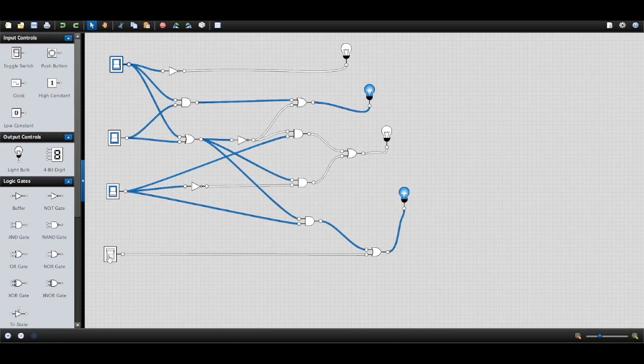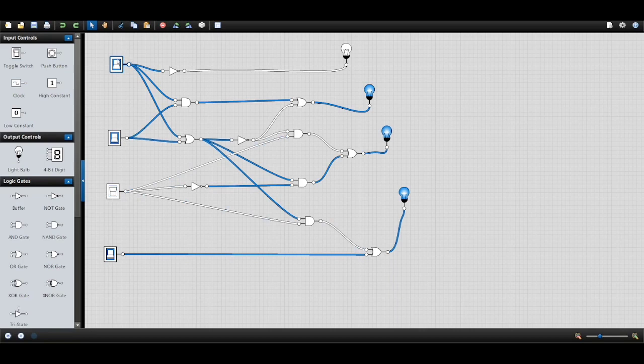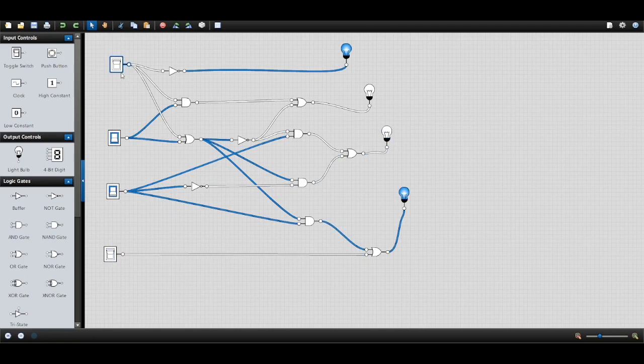If A is 1, B is 0, C is 1 and D is 0, the output will be 1 except Y. That is Y equal to 0, W, X and Z will be 1. What if A is 0 and the remaining three inputs are 1? The output will be Y and W.